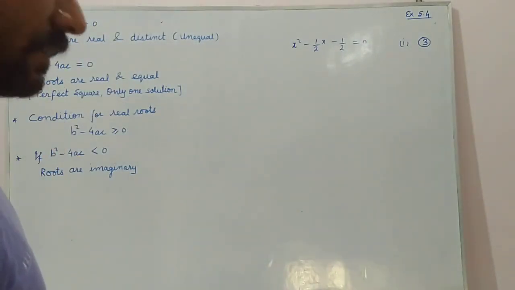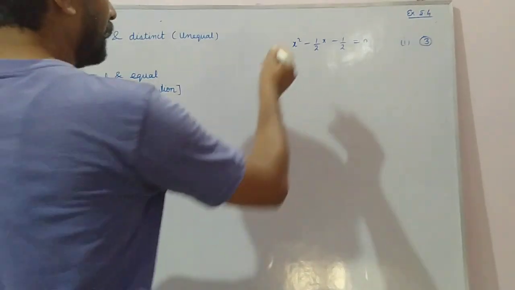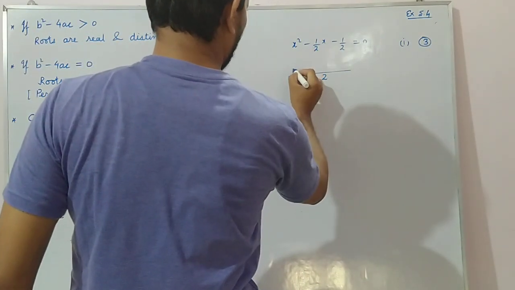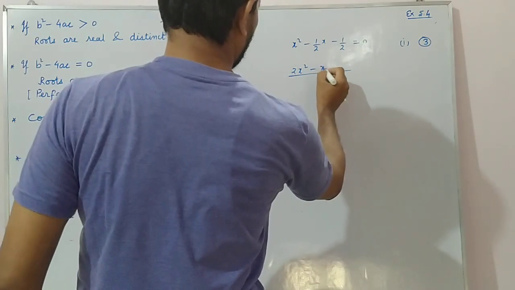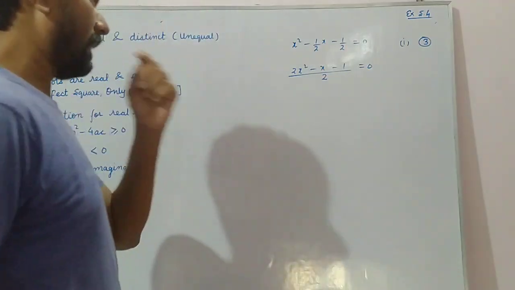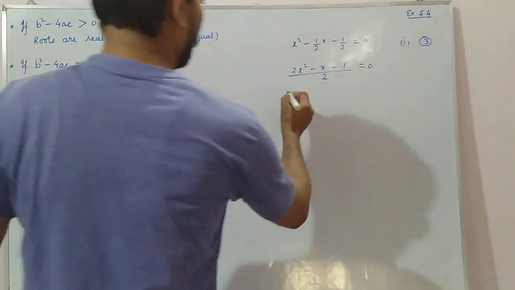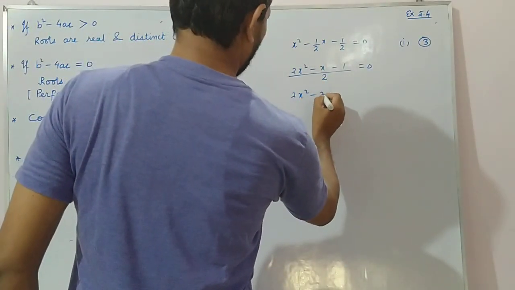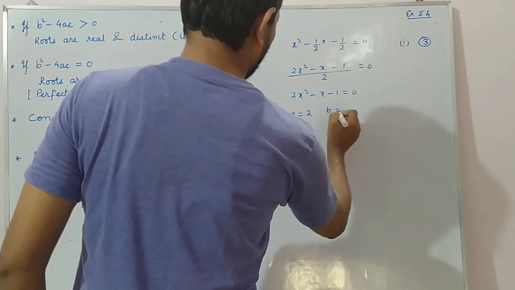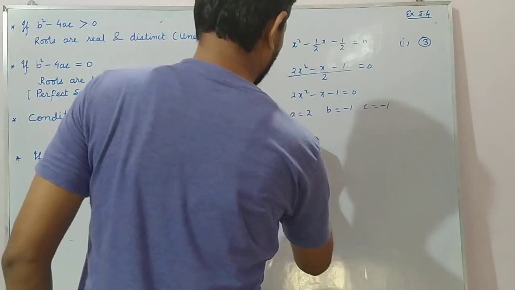If real roots exist, find them. So first of all we will frame this in quadratic form. It is 2x square minus x minus 1 equal to 0. It will be easier, you can do it directly also, but it is better to take the LCM. Here a is 2, b is minus 1, c is minus 1.